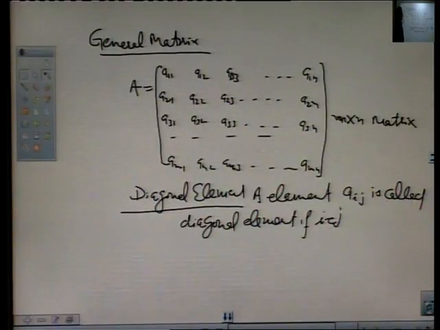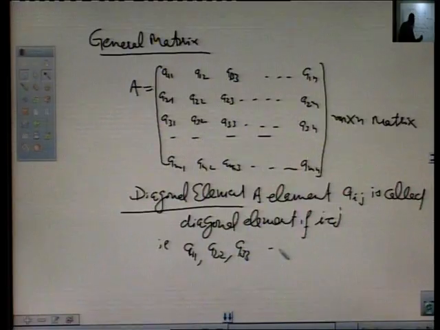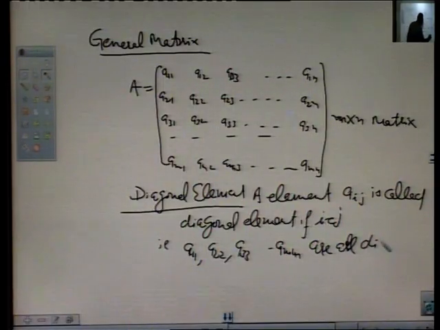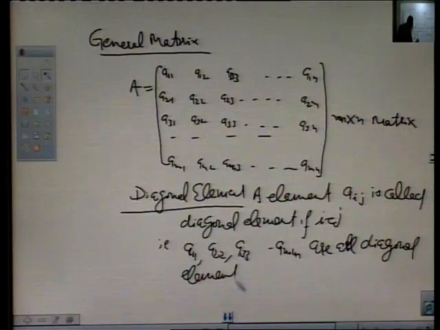If i equal to j, that means A11, A22, A33 and so on, Amm are all diagonal elements of a matrix.